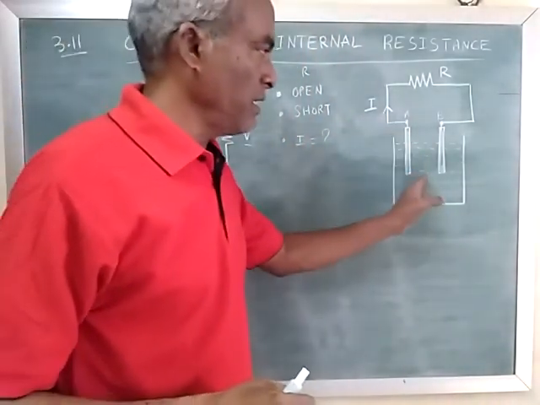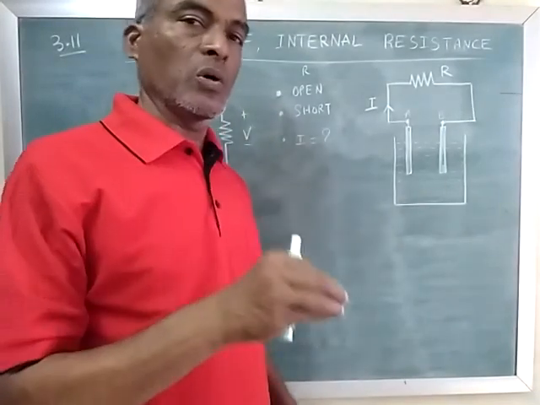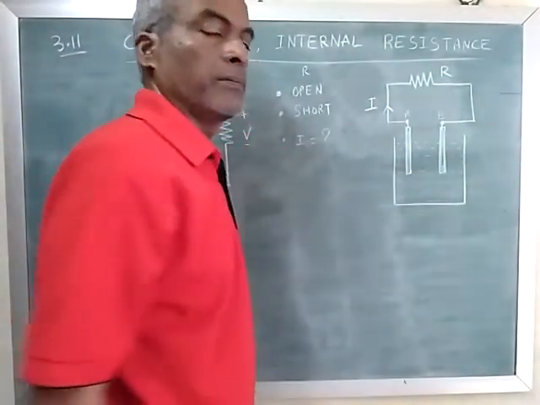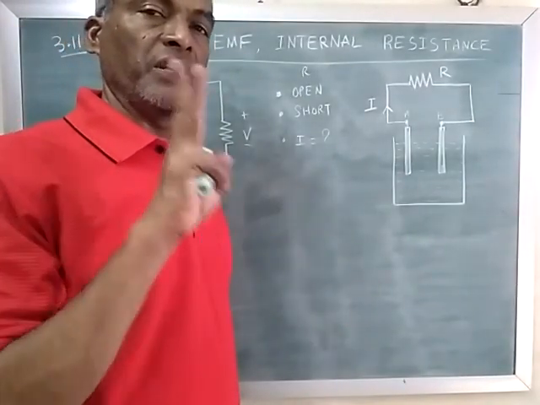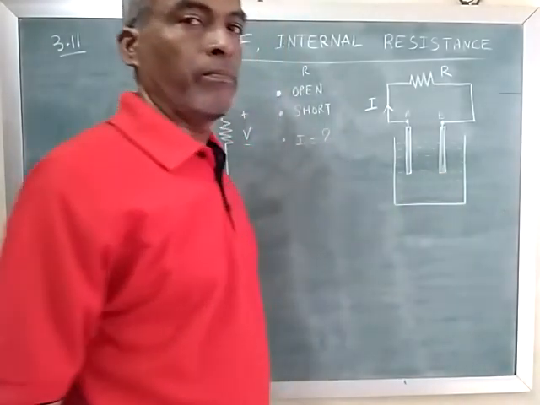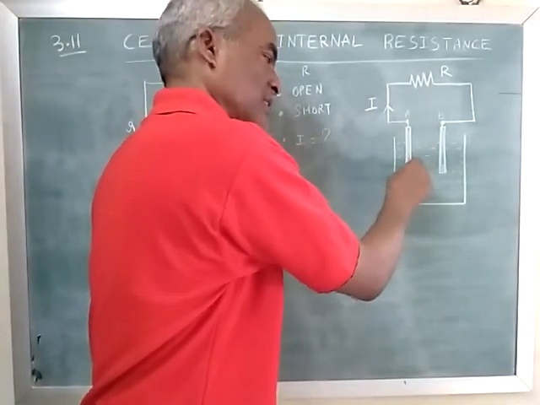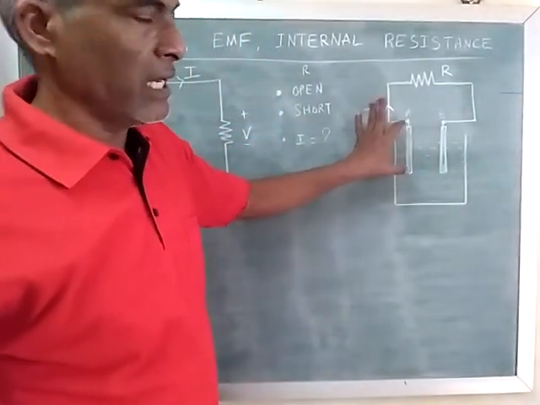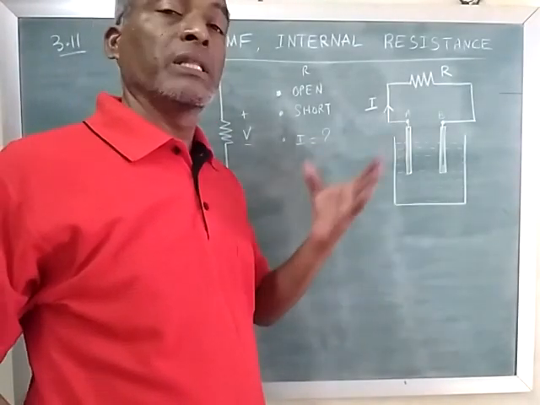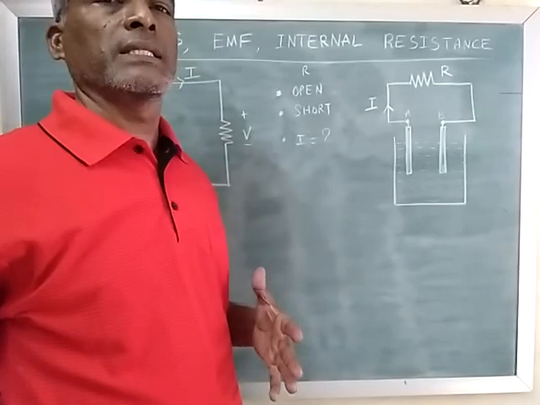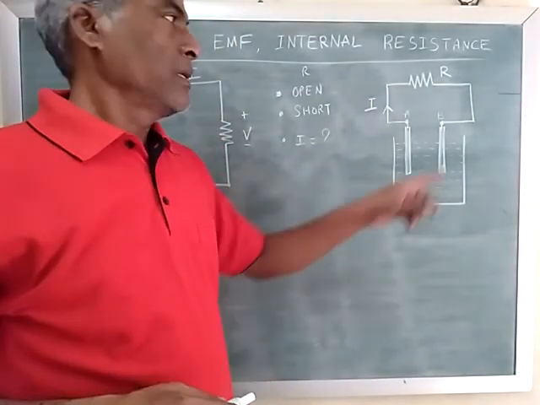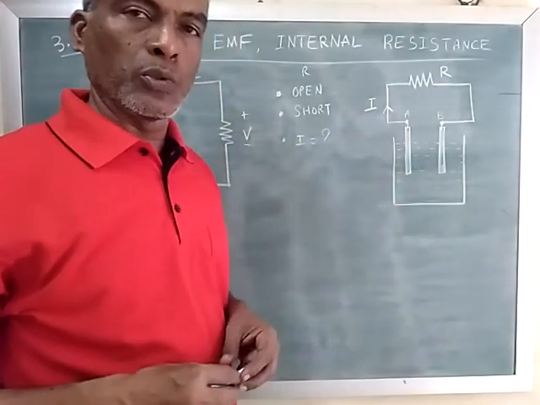So all these three resistances should be taken into account, because the voltage produced at this point will see three resistances, that is the electrolyte resistance between A and B, and the electrode resistance itself. So this is an electrode, it's a conductor, or whatever may be the material, it will have some resistance. Similarly, this side, another material, this will have its own resistance.